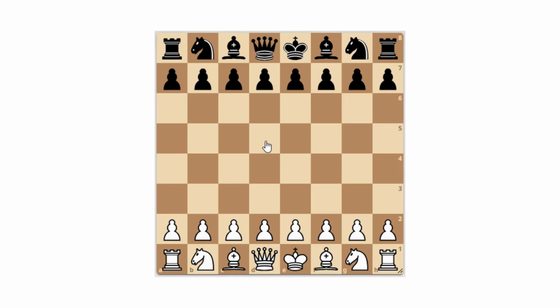Okay, now we have to understand the pieces and the board. I have told you that already there are total 64 squares, and if you see, these are some numbers: 1, 2, 3, 4, 5, 6, 7, 8.